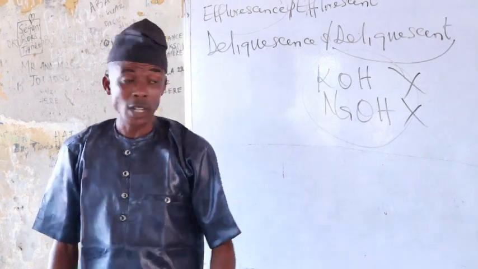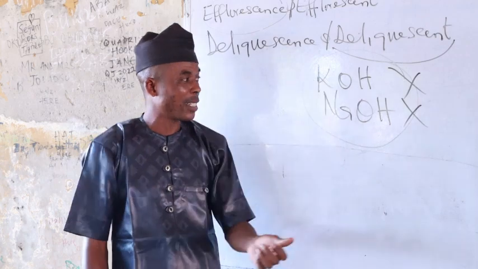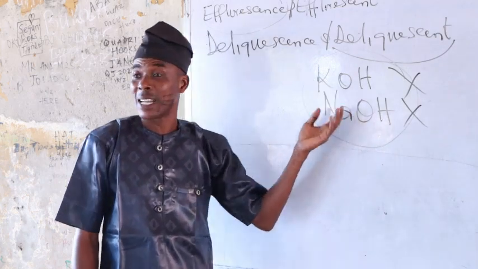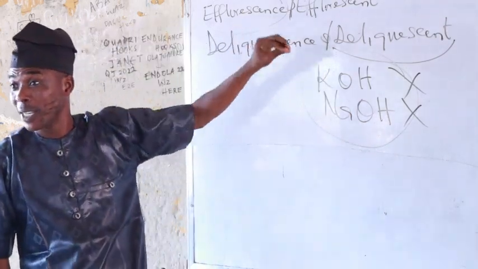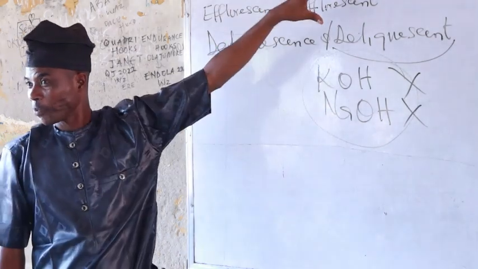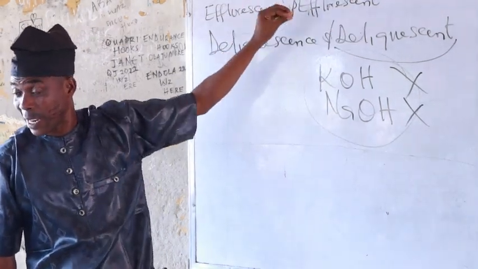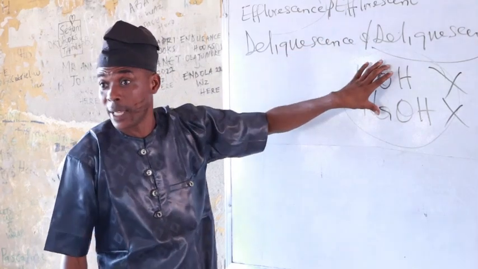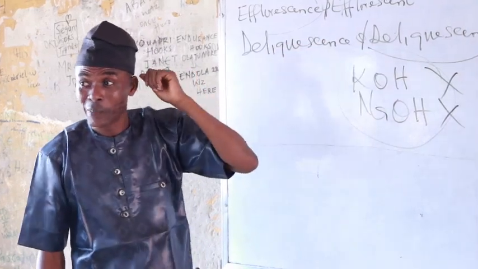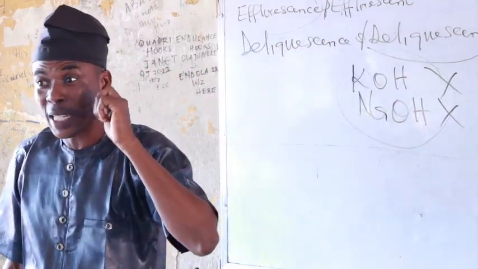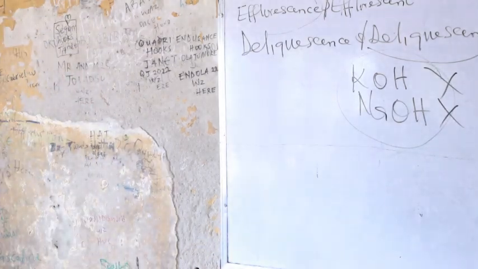So you cannot give them as an example of a deliquescent salt. We are dealing with characteristics of salt, so we will not place these there. Please get my point clearly. They are deliquescent, but not classified as salts because they are bases.